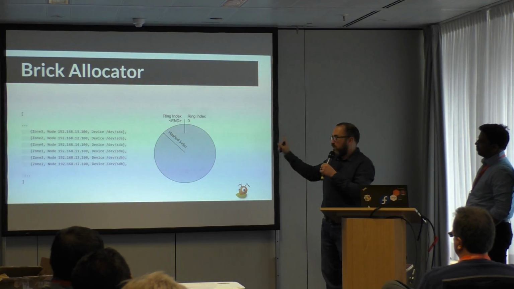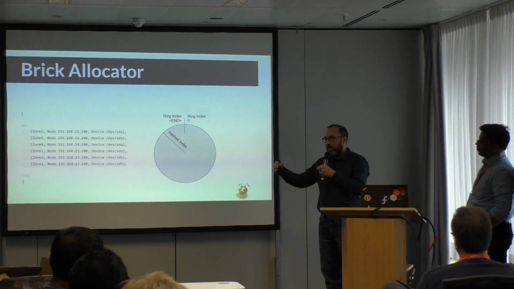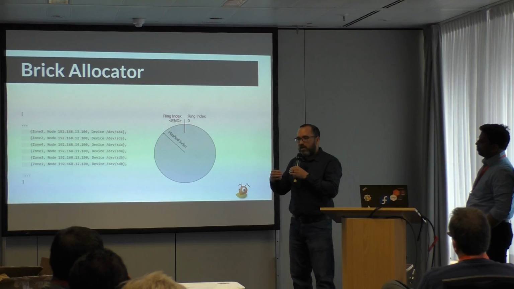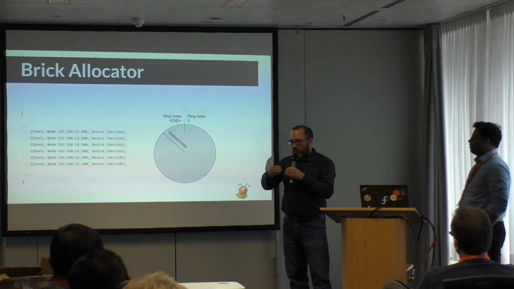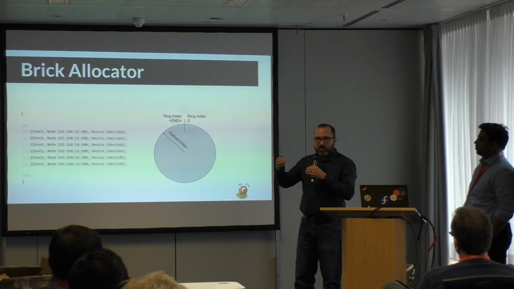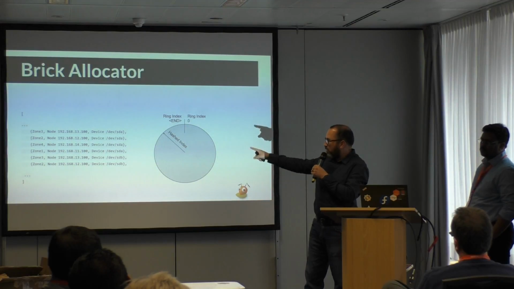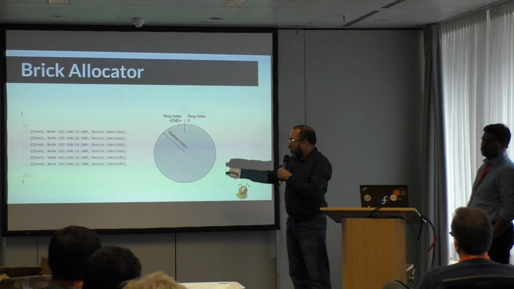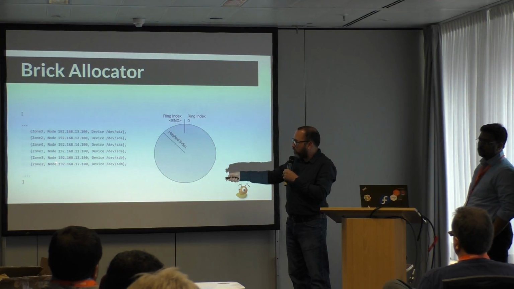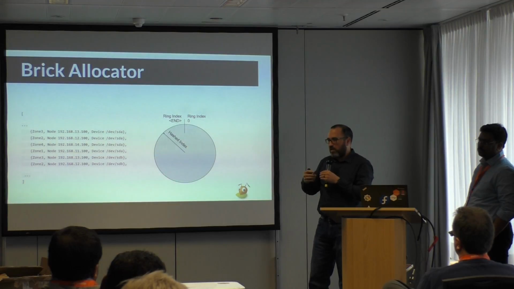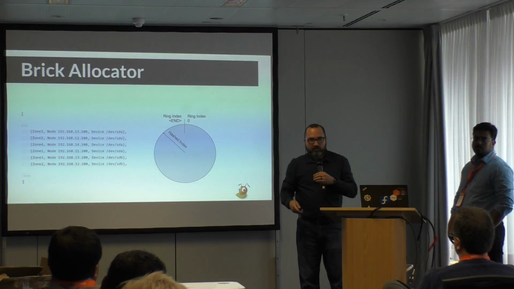There's a ring for every cluster, and it organizes that ring in such a manner that as it moves through the ring, there's a device from every zone. There are not two of the same zone put together consecutively in the ring. So as you can see here, we have zone 3 as we move through the ring, zone 2, zone 4, zone 1, zone 3, and so on. And it tries to make sure that the zones are as far away from each other in the ring, and the nodes also.